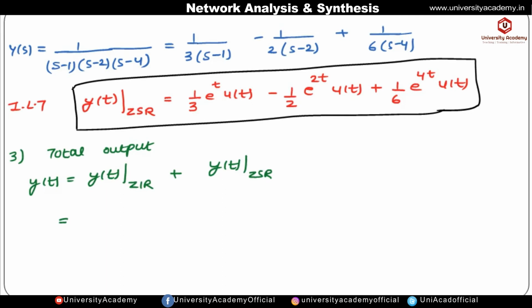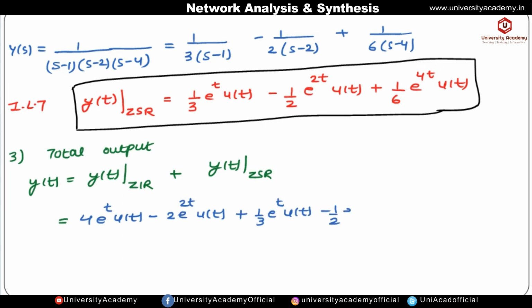So it will be 4 into e to the power t into u of t, and minus 2 into e to the power 2t into u of t. So this is ZIR, and ZSR is 1 by 3 into e to the power t into u of t minus 1 by 2 into e to the power 2t into u of t plus 1 by 6 into e to the power 4t into u of t.